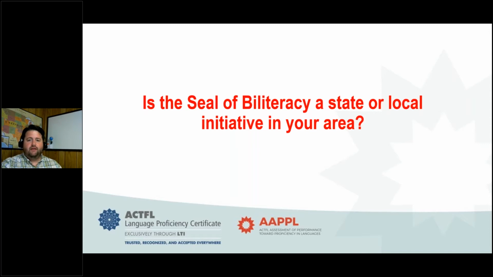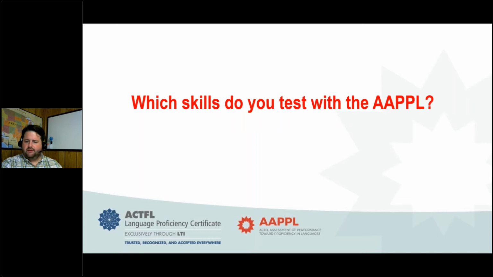In some states that don't have the seal, I know that the local high schools issue it, so it's a Seal of Biliteracy issued by XYZ high school or school district. But as I said, in Iowa, we darkened into blue as a state that has officially adopted the seal just last spring. And so let's go on to the next.